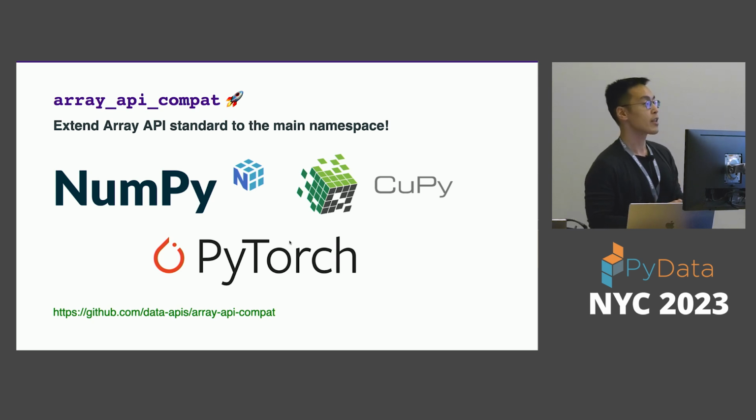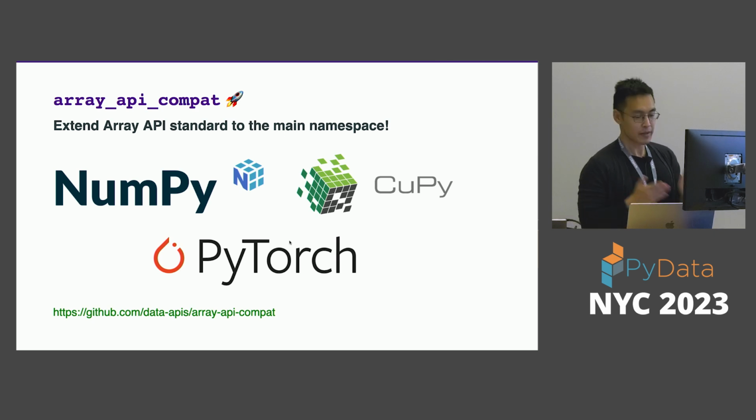What this does is extend the array API standard to the main namespace, so you don't have to go through this transformation back and forth between the other namespace and the ndarray object. That's what array-api-compat is. It supports NumPy, CuPy, and PyTorch.